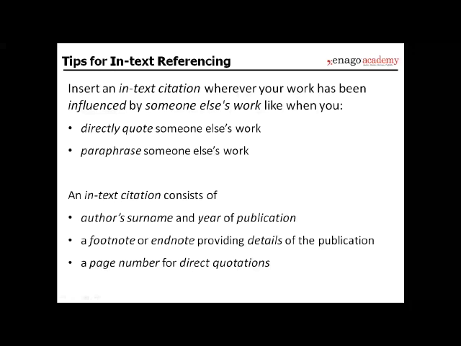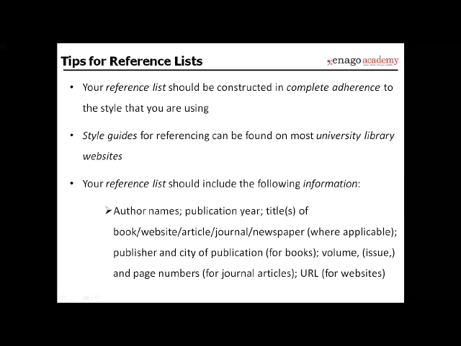So then the last section of your manuscript will include a list of references. Basically, a reference list accompanies your in-text references and should be appended to the end of your research paper.